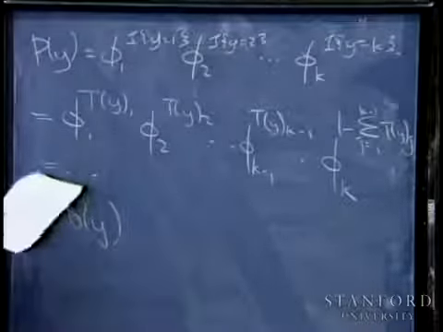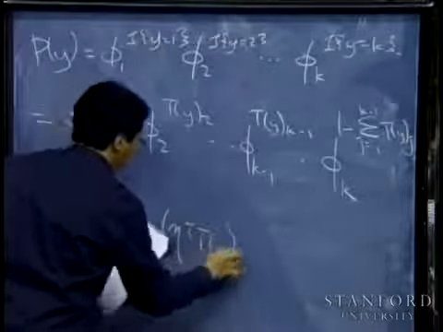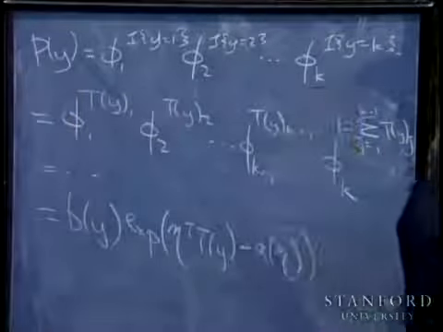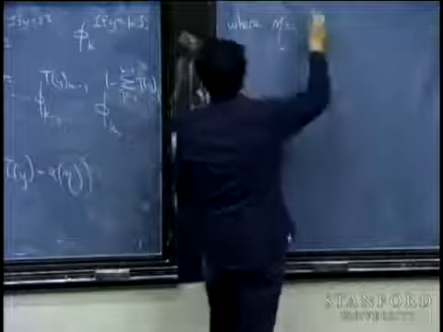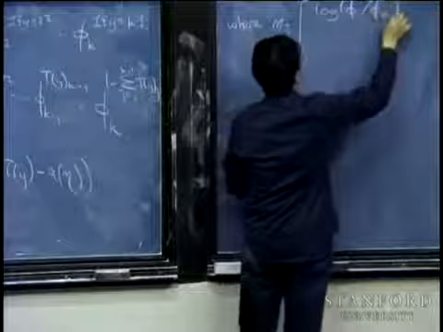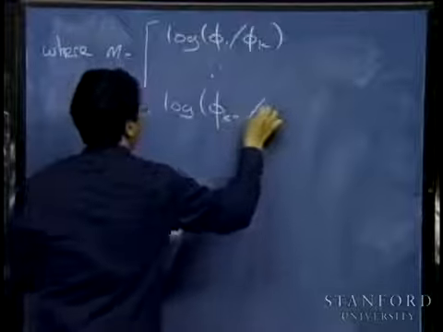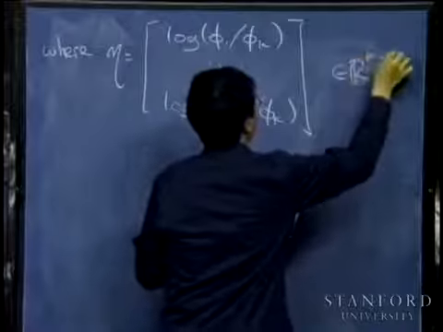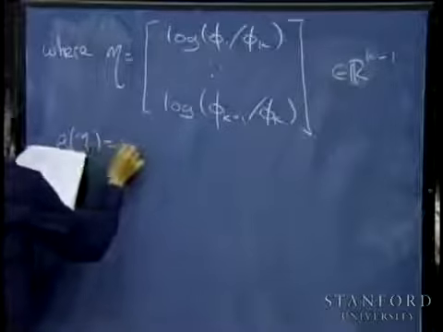It turns out you can simplify this into the exponential family form, where eta is a k minus 1 dimensional vector.